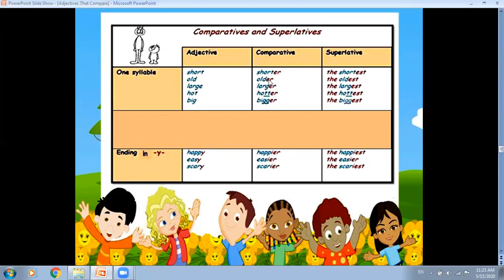Old, older, the oldest. Large, larger, the largest. Hot, hotter, the hottest. Big, bigger, the biggest. What about the adjectives ending in Y? Happy, happier, the happiest. What do I have to do? I have to change the Y to I and add ER or EST. Easy, easier, the easiest.